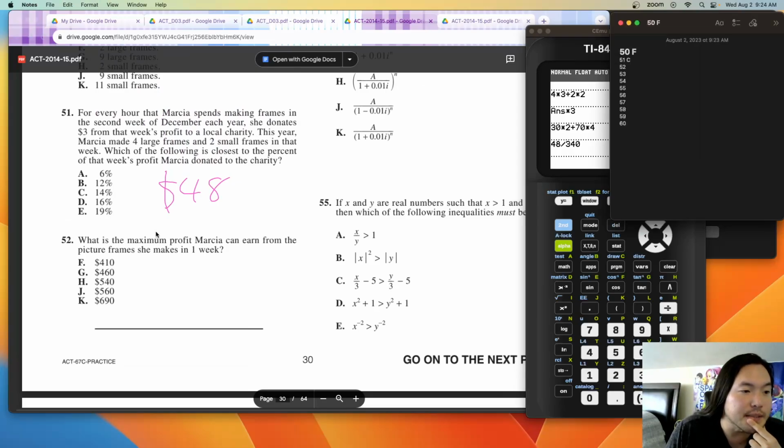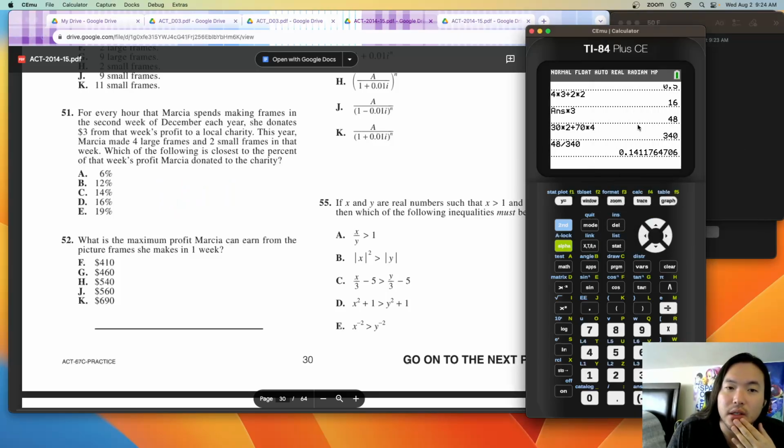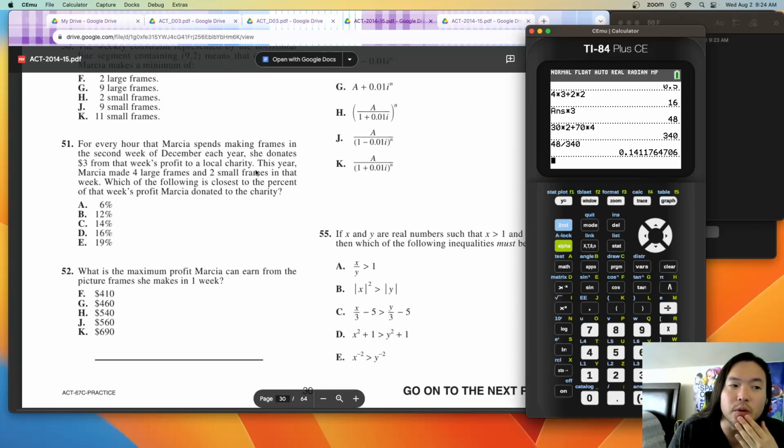52. What is the maximum profit Marcia can earn from the picture frames she makes in 1 week? So this is a slightly more difficult problem, right? There's plenty of math. How did I get 48? So here, they told me that she made 4 large frames and 2 small frames.